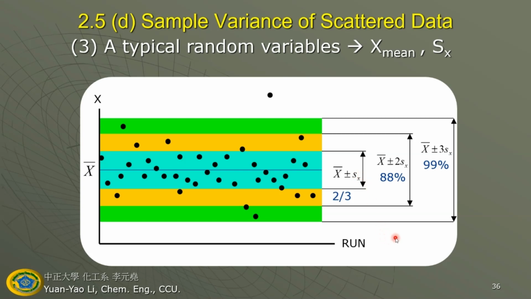Okay, so this is about random variables. I don't need you to remember this, but this is the kind of knowledge you need to know. 3 standard deviations include about 99% of the data, 2 standard deviations about 88%, and 1 standard deviation about 2 out of 3.